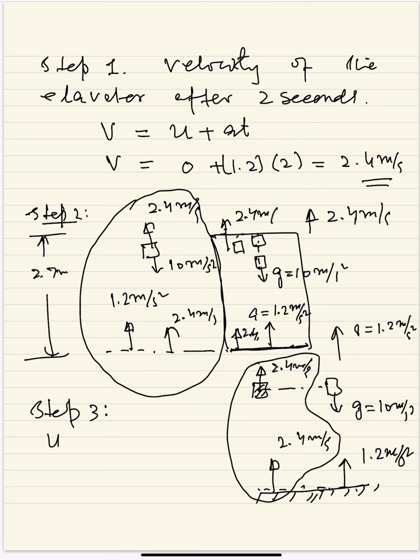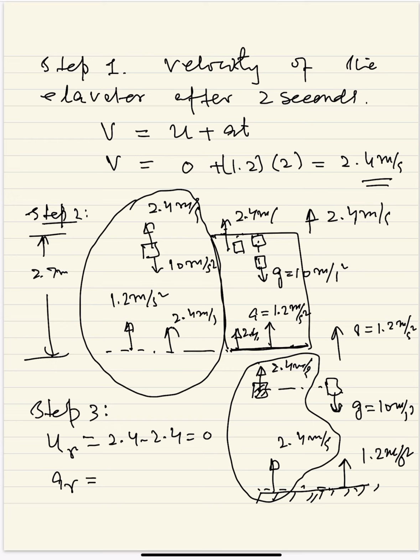Relative velocity u_R is equal to 2.4 minus 2.4, that is 0. Relative acceleration, what is relative acceleration? The accelerations are opposite here and here. When the two vectors are opposite, their relative becomes the sum.